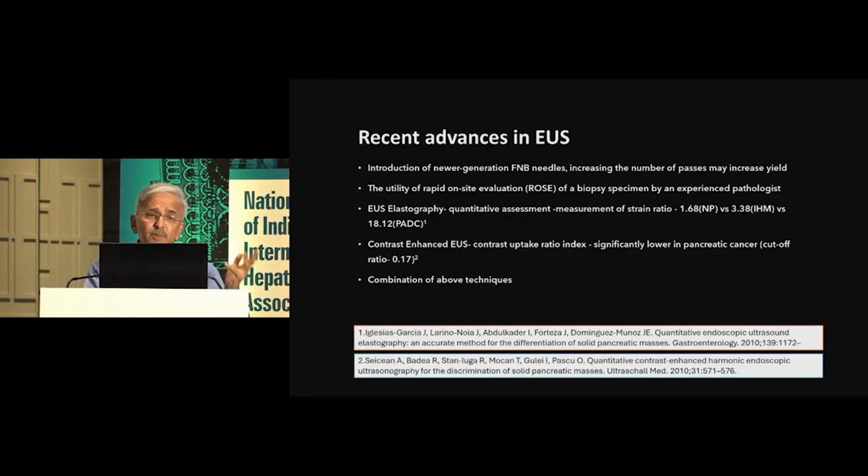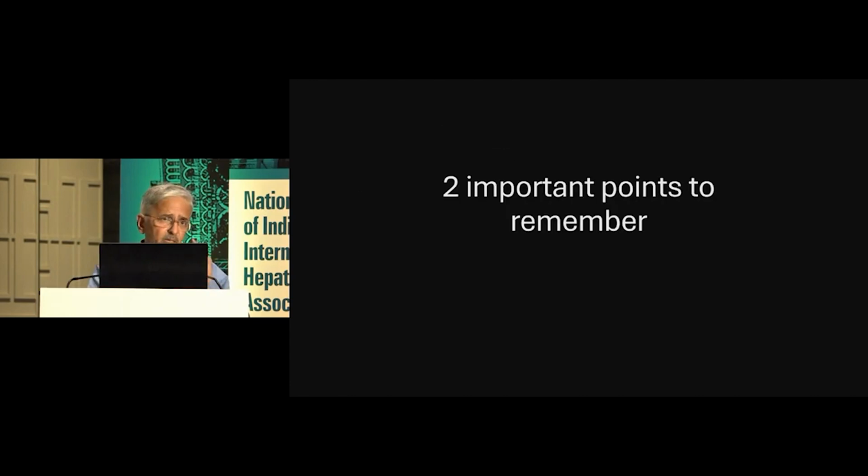In spite of the use of rapid on-site evaluation, EUS elastography and contrast-enhanced endoscopic ultrasound, we still haven't reached a great deal of diagnostic accuracy in cancers in chronic pancreatitis.